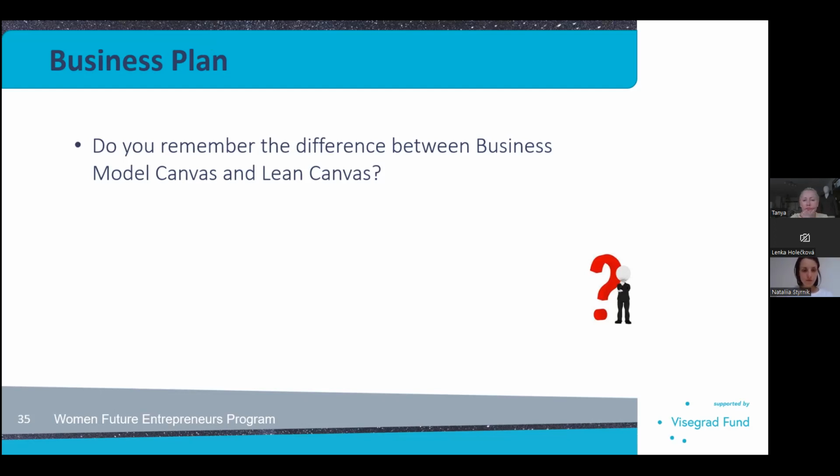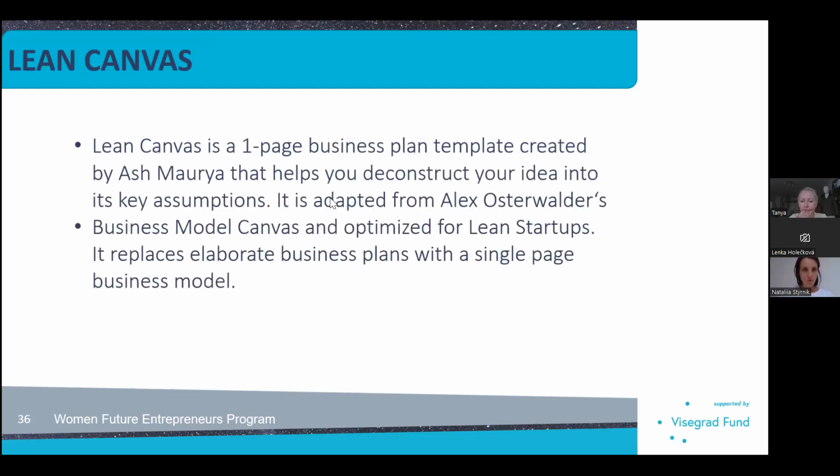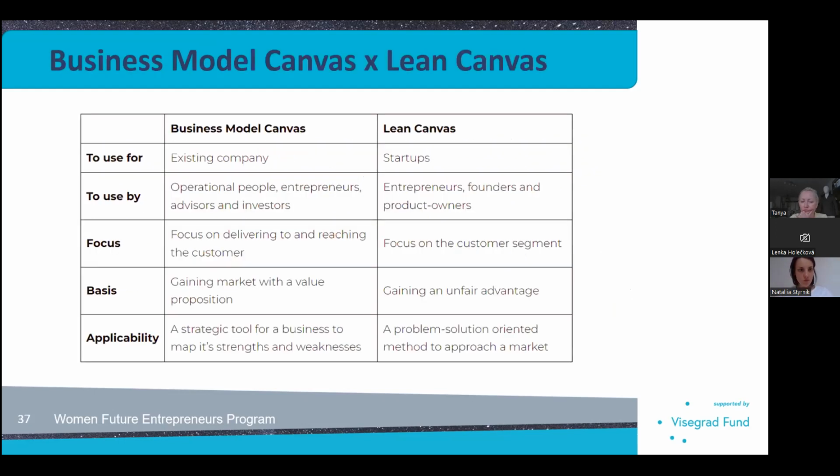Because these two forms are relatively well organized, well balanced. Lean canvas is a 1-page business plan template that is used mainly for startups, and business model canvas is a little more complicated, but not so much. We can remind ourselves of the main forms of business model canvas and lean canvas.